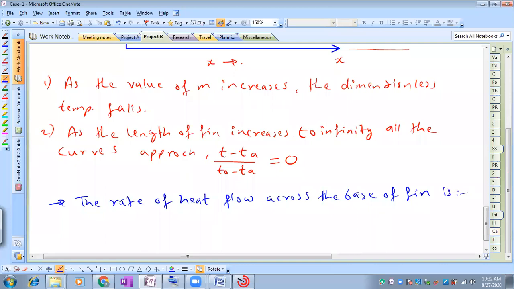This term is very important: base of the fin. It means that we are calculating the amount of heat flow from the base of the fin. So what do you mean by base of the fin? It means my x is equal to 0. That we have to remember. Are you getting me? For the base of the fin, your x should be equal to 0.